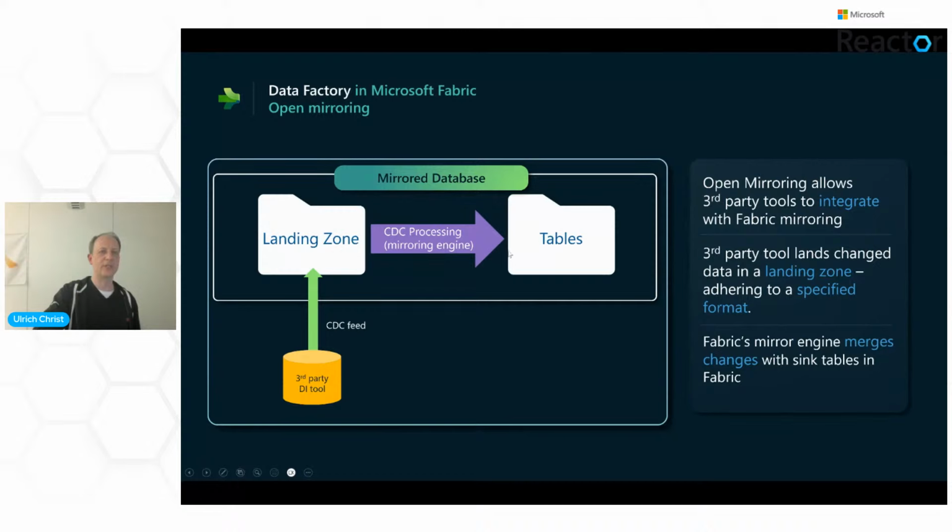That's the first piece. And then a mirroring engine takes the data. What we basically did is we provided a specification of how we expect the data to land in the landing zone, the data formats, the file names, all that metadata. Everybody who complies with that specification can be part of that change data capture and open mirroring capability.